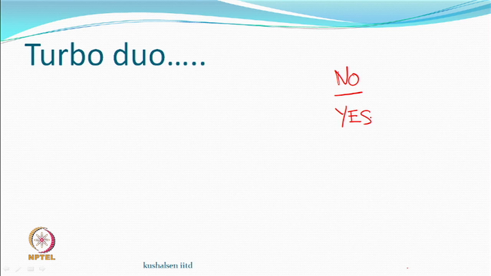Because every time we say yes or no, it should be backed up by some reasoning. How many people actually believe it is no? Let us put it this way, you can raise your hands. How many people believe it is no? Even the one who proposed is not raising his hand. That is okay.